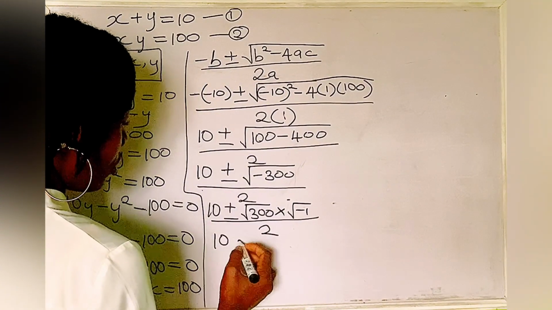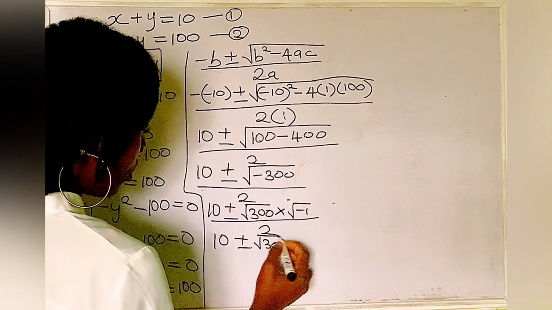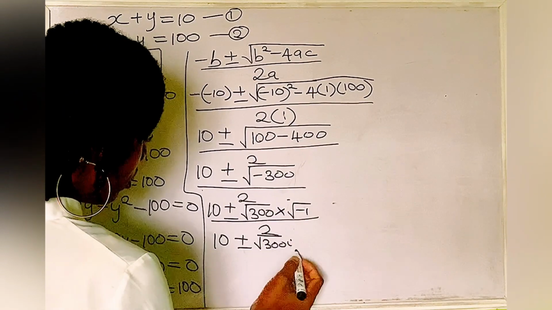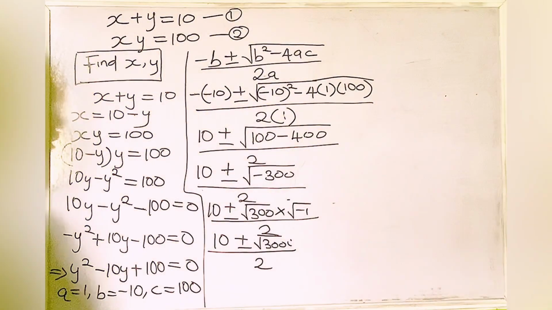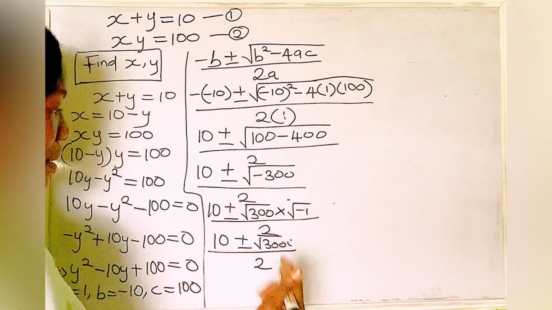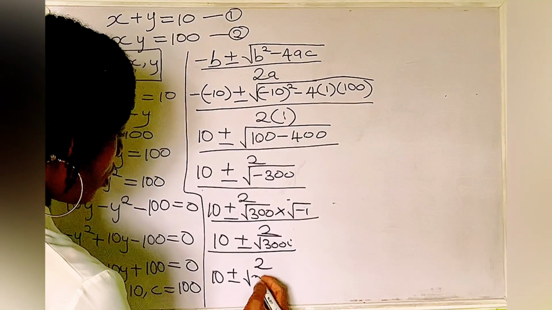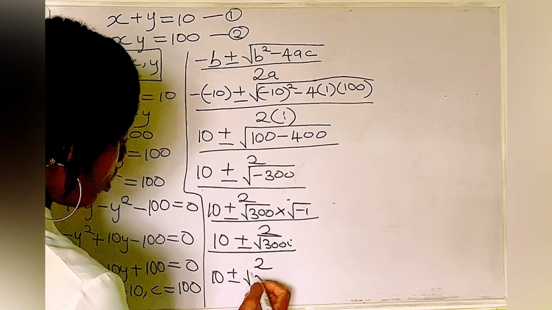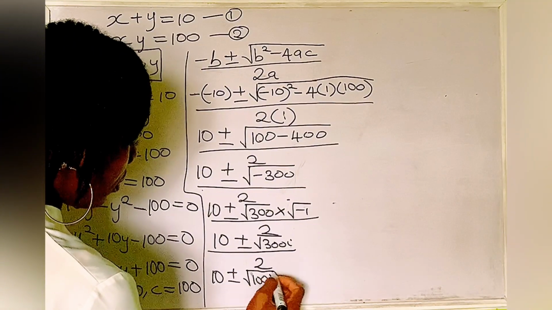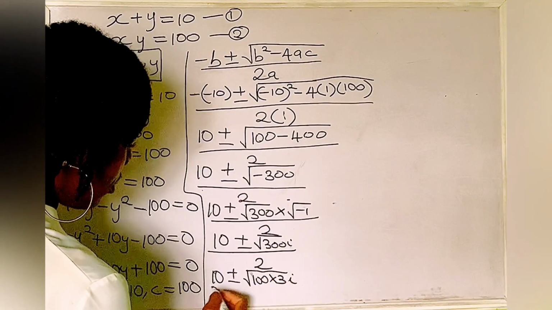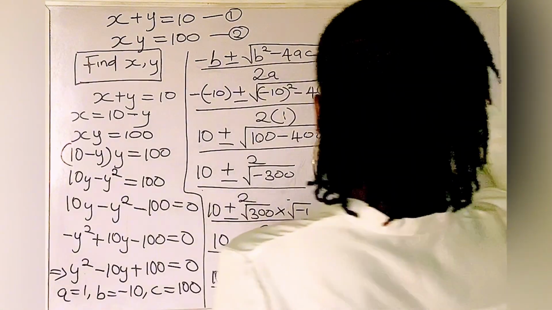That is 10 plus or minus root 300 i over 2. Now 300 can be broken down into 100 times 3. So we can say 10 plus or minus the square root of 100 times 3, i over 2.